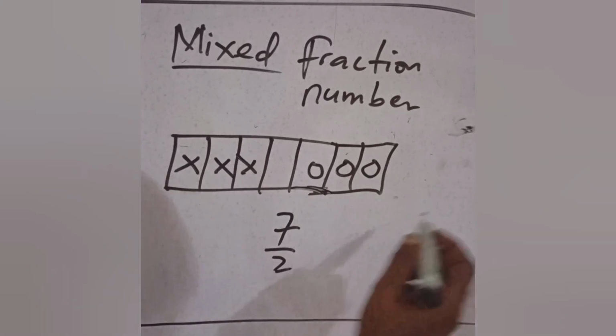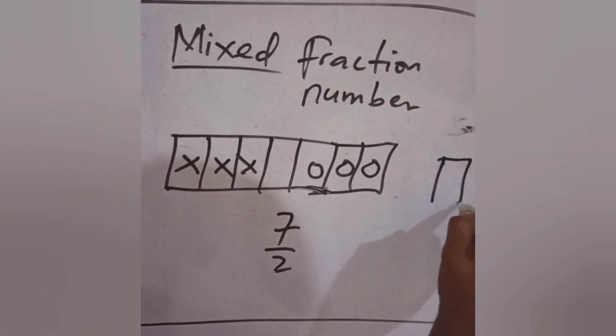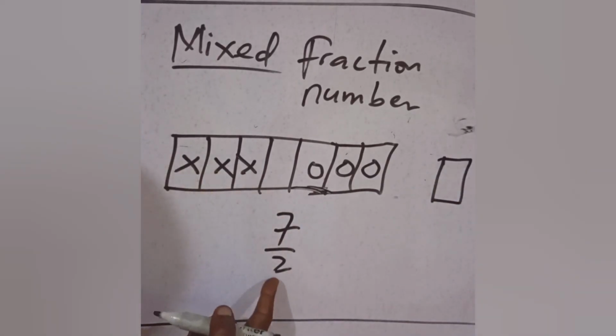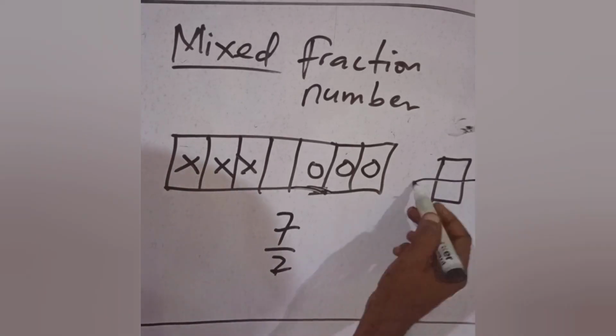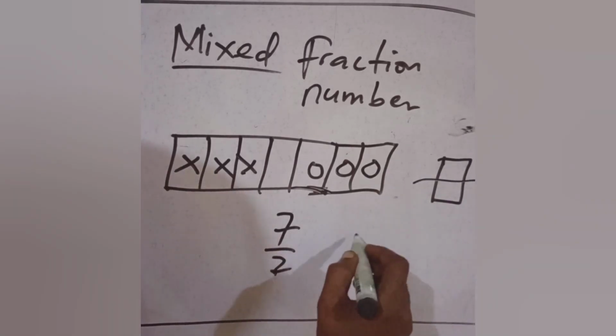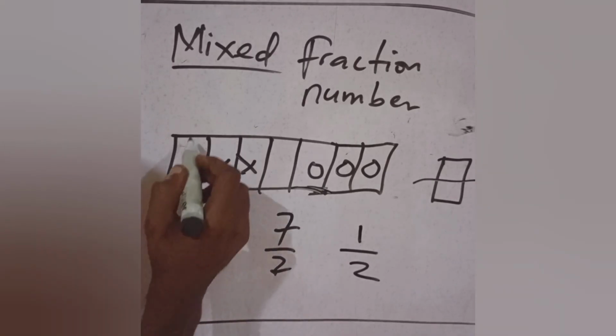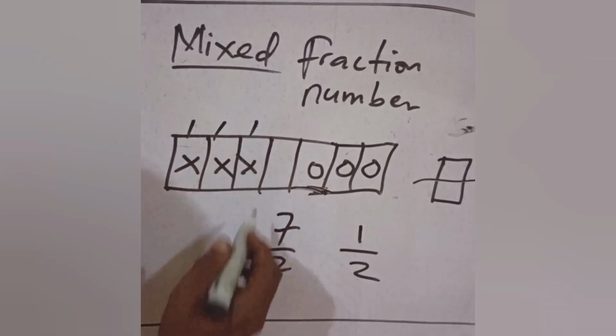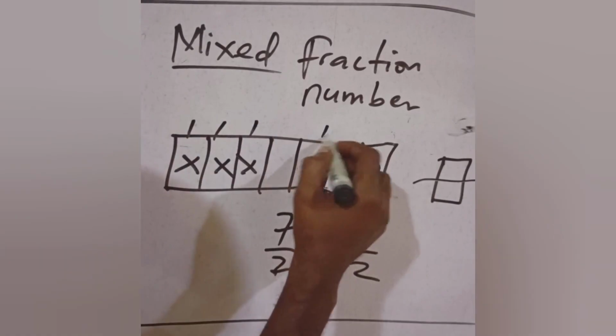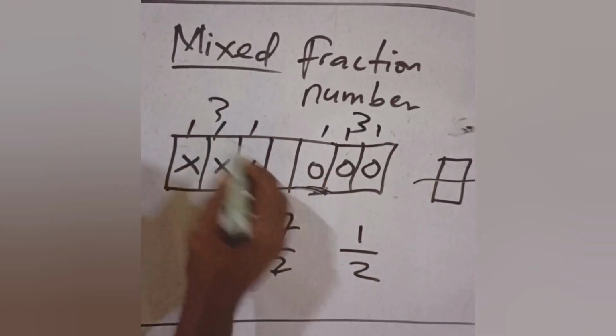Now you have one card left. You're still going to split it into two, so that means you have to cut it. That one part becomes 1/2. So you now have three wholes, 1, 2, 3 of this, 1, 2, 3, you have 3 this side, 3 on this side.